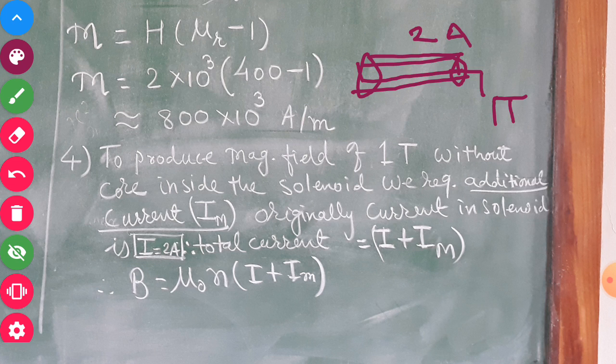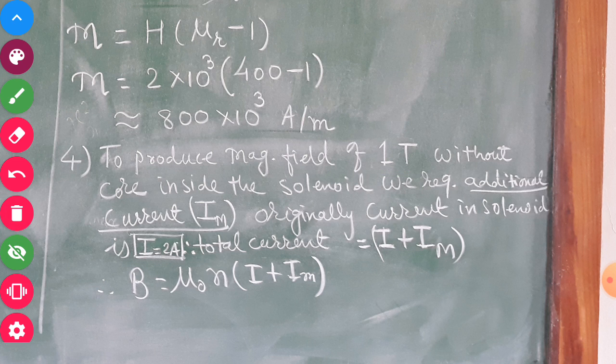To produce the magnetic field of 1 Tesla without the core, now you are removing this core inside the solenoid, we require additional current. Because earlier, because of the presence of the core, only with 2 ampere current you were able to find the magnetic field of 1 Tesla. Now additional current is required and that current is Im.